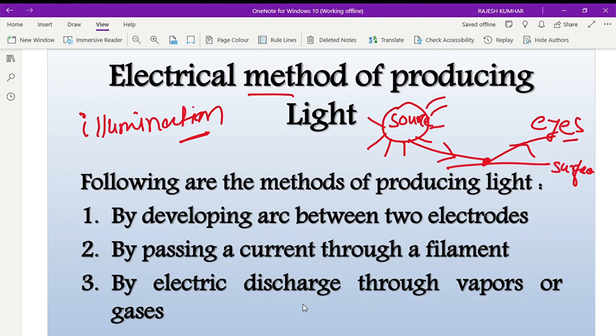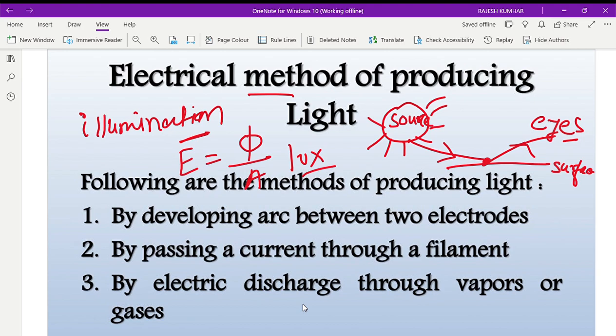Okay guys, it is defined as the luminous flux falling on a surface per unit area. It is denoted by E and measured in lumen per square meter or meter candela. That means E is equal to phi upon A, and the SI unit is lux.